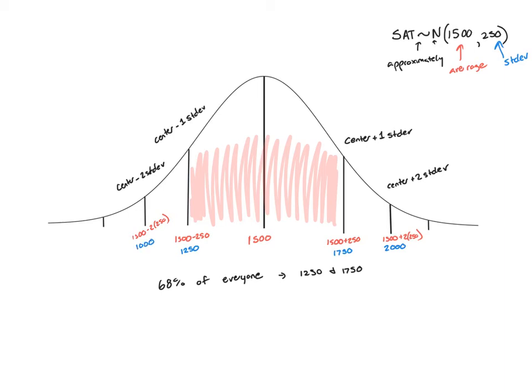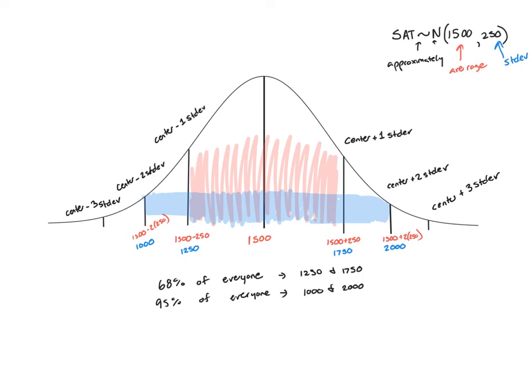And what this is telling me is that 95% of everyone on the SAT will get a score between 1,000 and 2,000. Finally, we can go ahead and go 3 standard deviations out. This is like taking the center plus 3 times my standard deviation, and then over here the center minus 3 times my standard deviation.